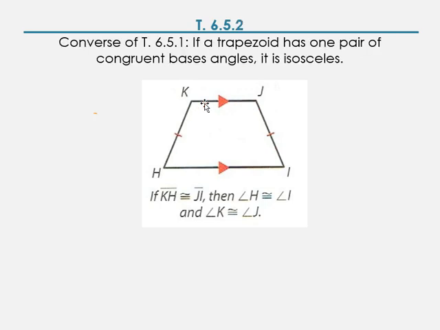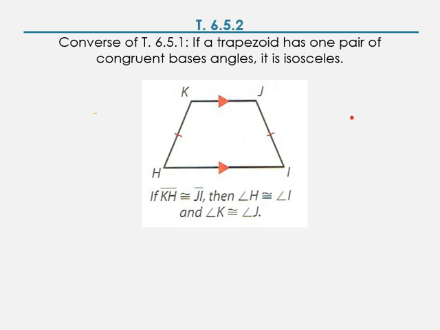Theorem 6.5.2. This is the converse of 6.5.1. If a trapezoid has one pair of congruent base angles, it's isosceles. So if you're doing a proof and they tell you to prove if a figure is a trapezoid, and they give you base angles first, then show that they're congruent, then you know that you're going to be referencing this theorem, theorem 6.5.2.